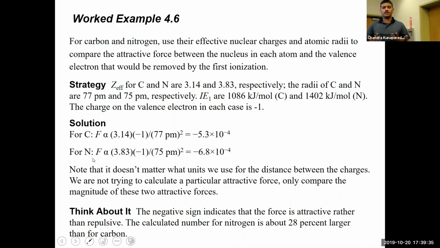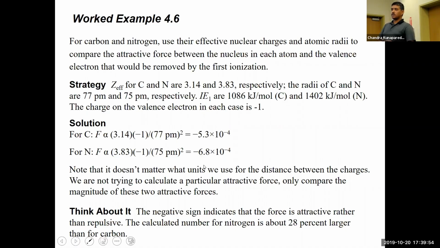a little bit larger force of attraction than carbon because nitrogen has a greater Z effective charge, which makes it have a smaller atomic radius, which means it is going to give a larger force of attraction to the outside valence electron.